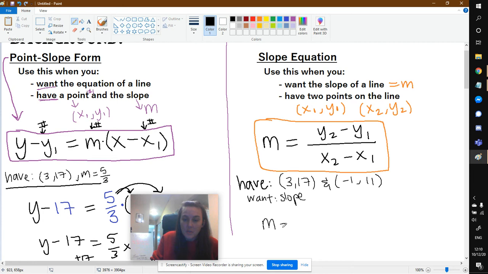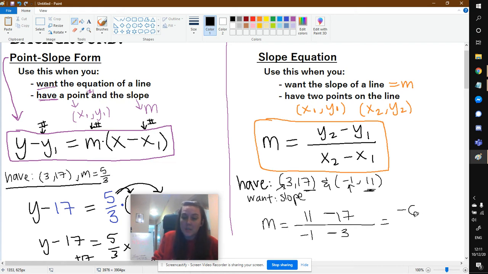I would say the slope is equal to the second y minus the first y divided by the second x minus the first x.